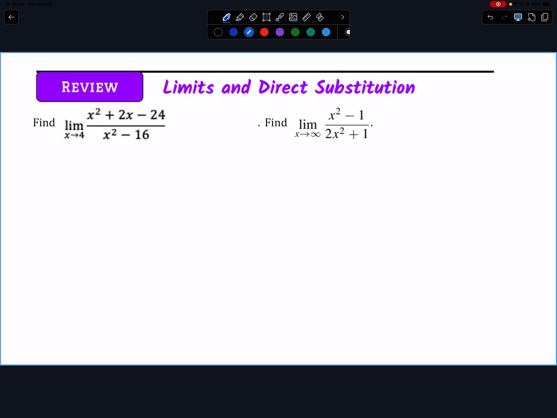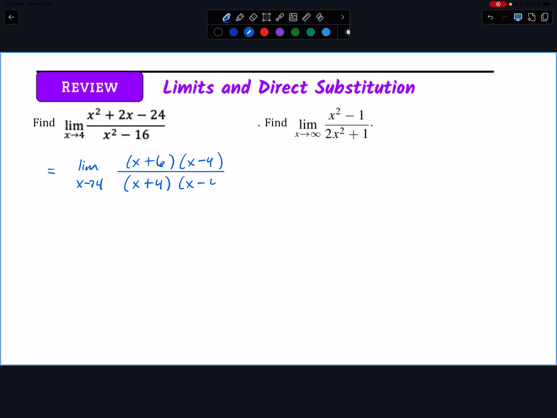So remember, carry your limit through all the steps. So this equals the limit as x approaches 4. What is the top factor to? X plus 6, X minus 4. What is the bottom factor to? Good.